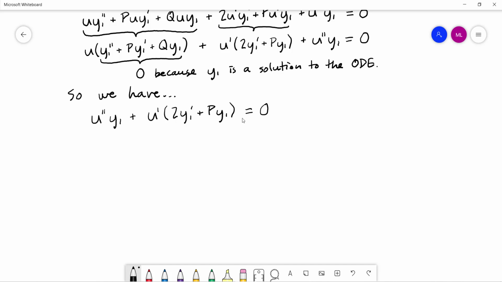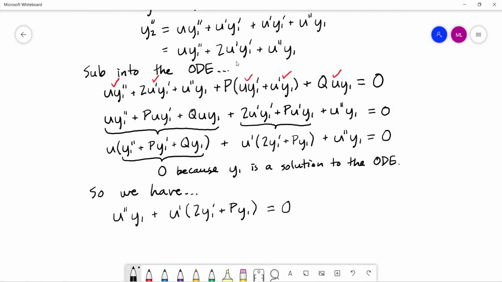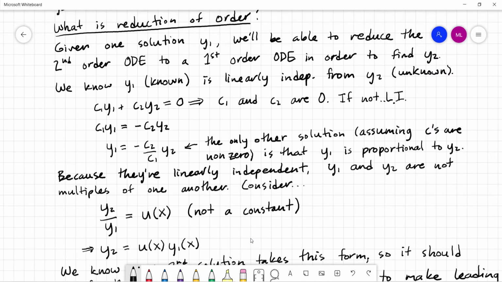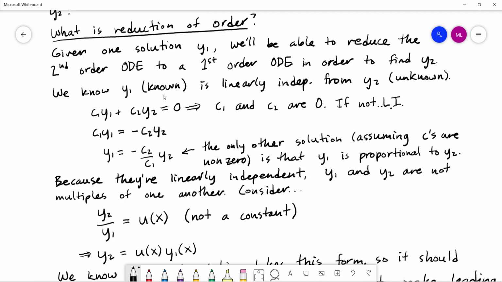Okay, so again, this looks kind of scary. It's still a second order differential equation, but it's not as bad as it looks. First thing, we already know y1. y1 is the solution that you'll recall is somewhere up here. Known. y1 is known. And that means if we know the equation y1, we also know what y1 prime looks like.